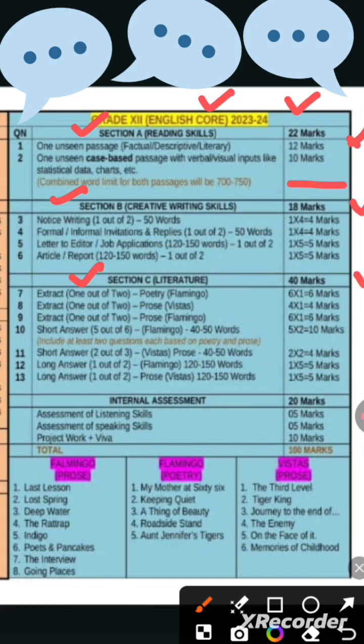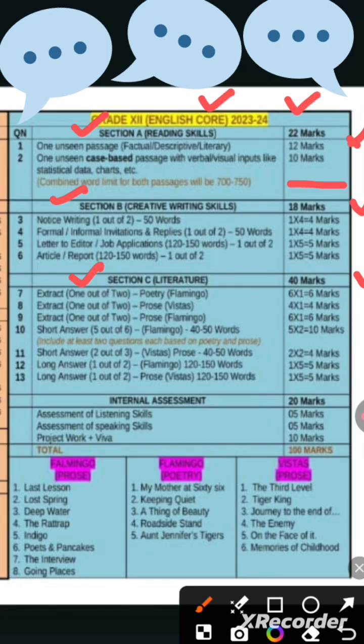Now we'll see how. You will basically get extracts, short answer questions and long answer questions here. For the extract, you will get 1 out of 2 from poetry, from Flamingo. You have two books, as you students should be aware.